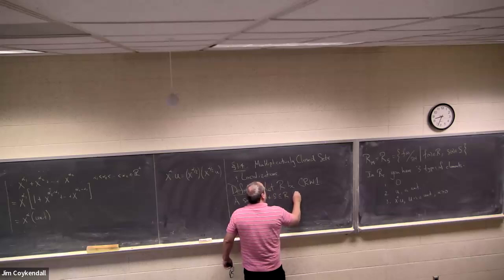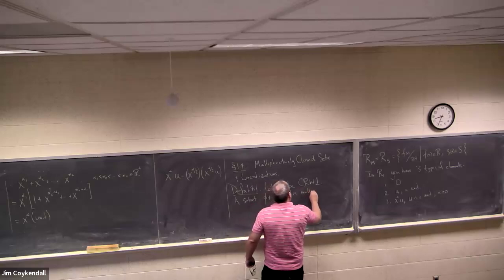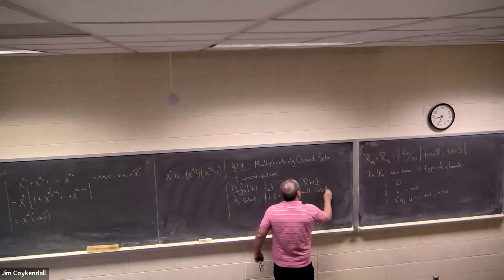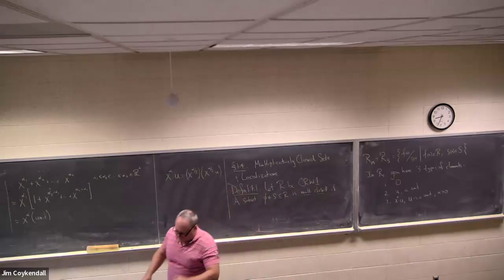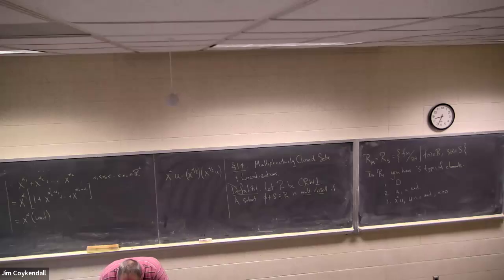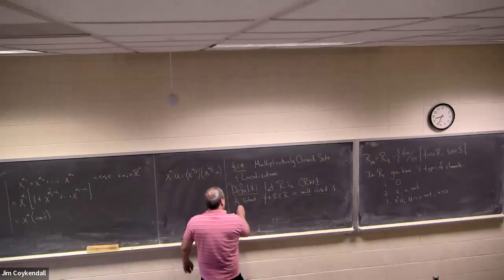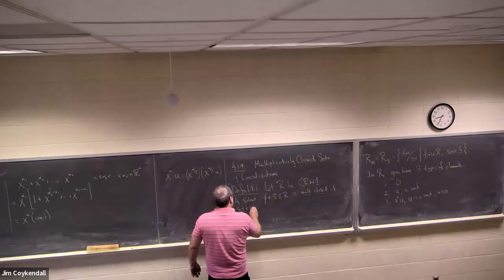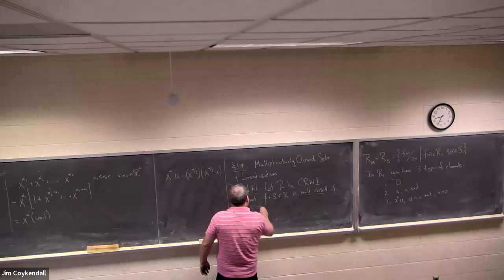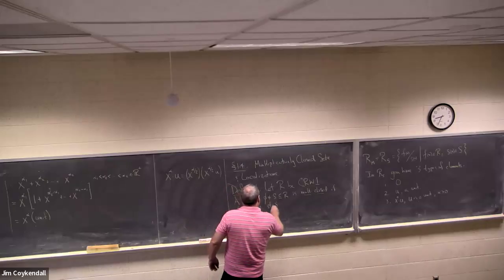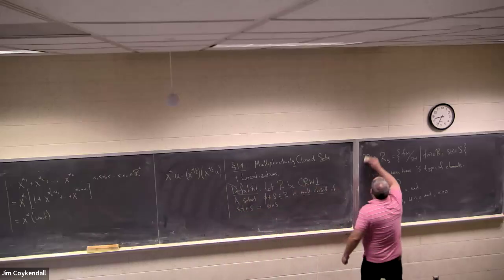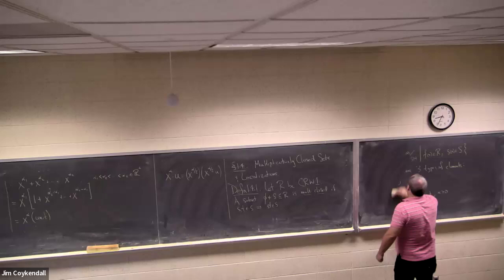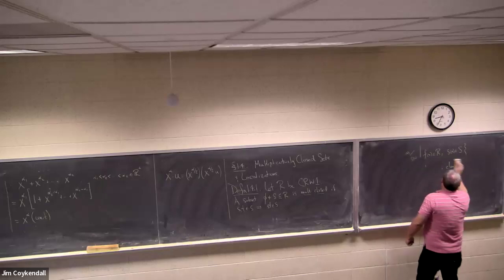S is multiplicatively closed if s and t in S imply st is in S. So multiplicatively closed is just what you think.